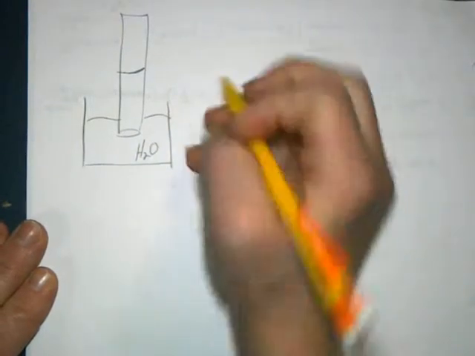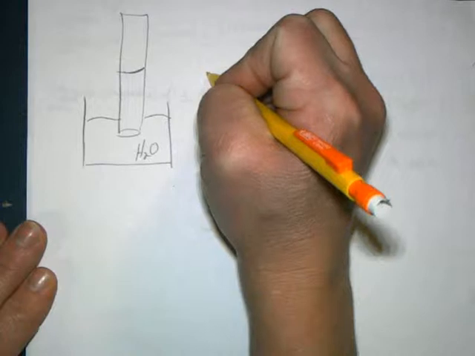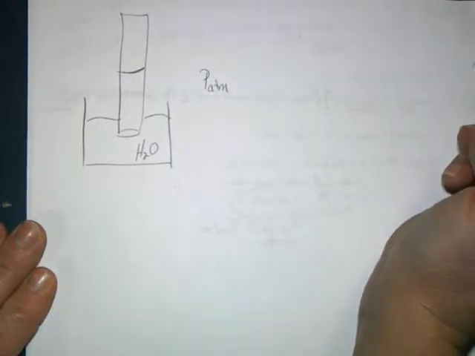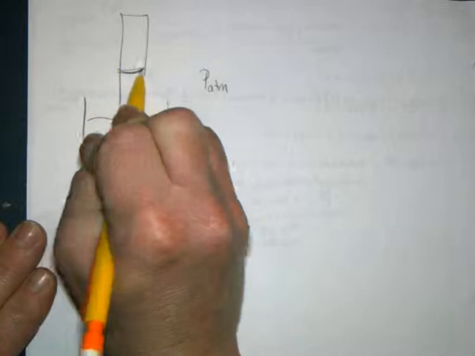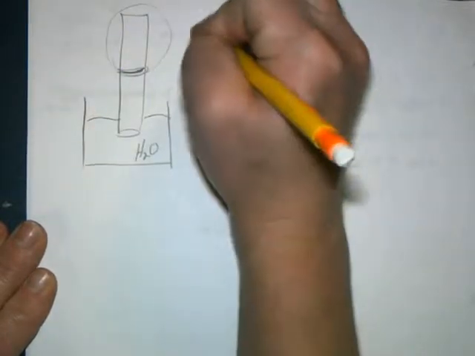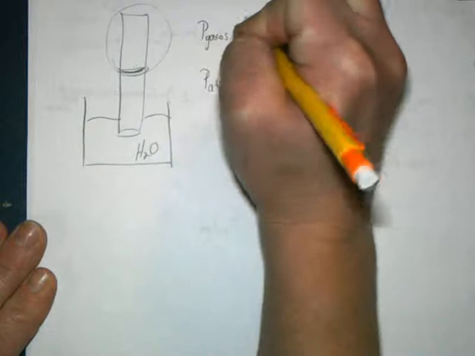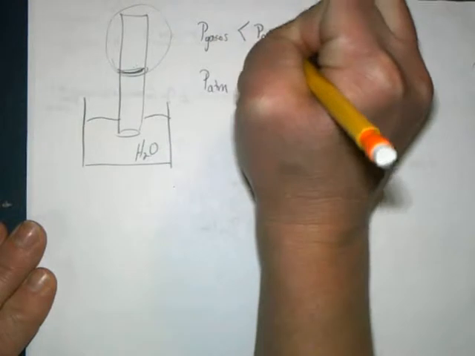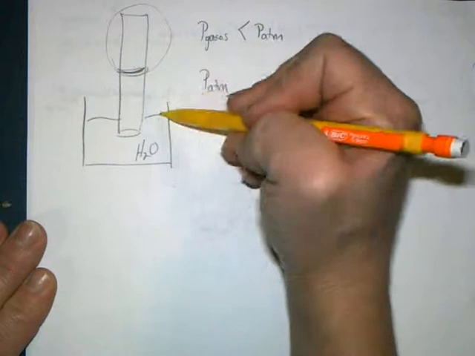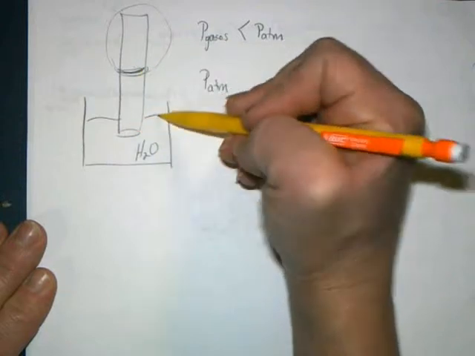Well, we can still start with a comparison to the atmospheric pressure. However, the liquid level inside is higher than outside. So that means the pressure collectively of these gases is less than the pressure of the atmosphere, because the strength is just not there to be able to battle and push down in comparison with the atmospheric pressure.